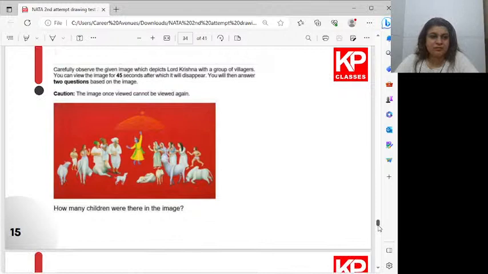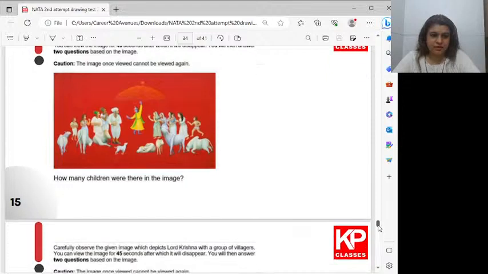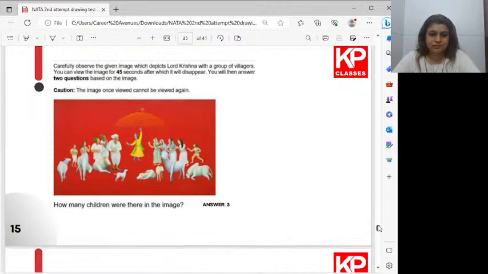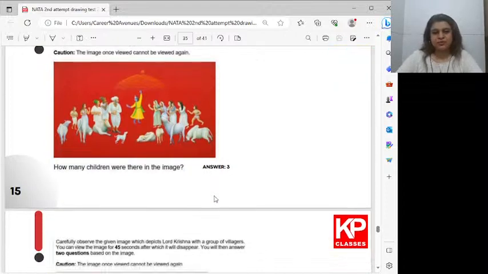At KP classes, when we conduct our classes for NATA or any other examination, we see to it that students have a maximum amount of practice of similar questions that can be asked in any particular exam. So here the answer is the number of children. We can see 3 children in this particular image.